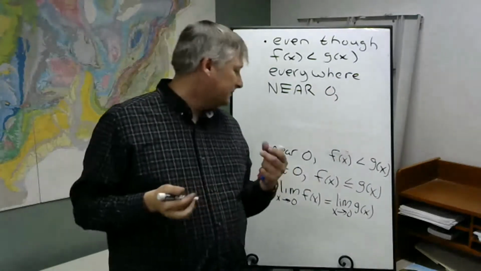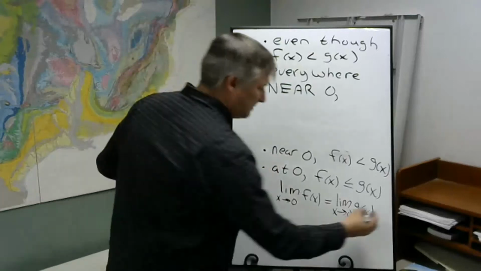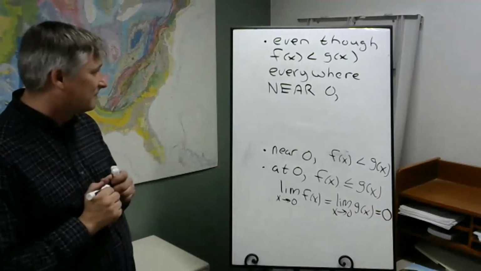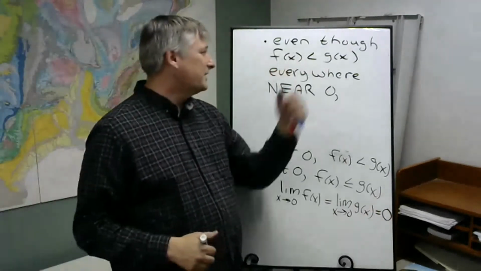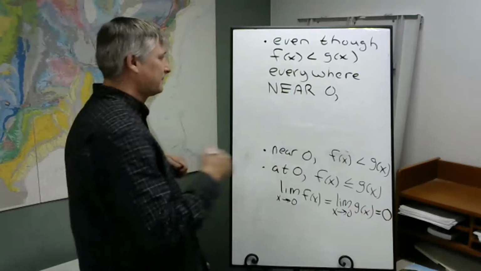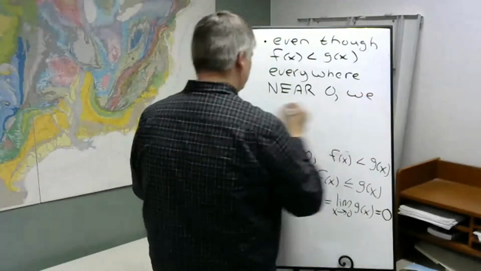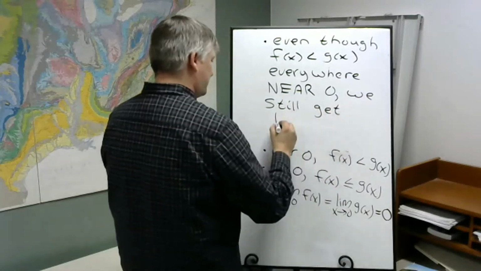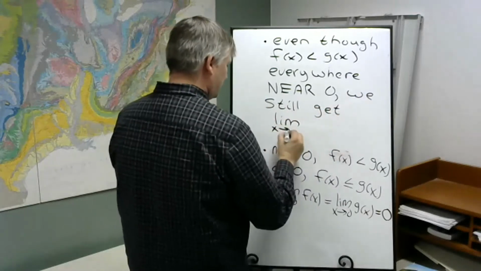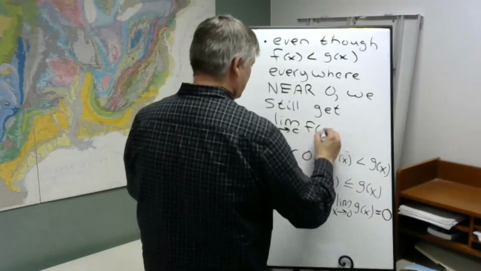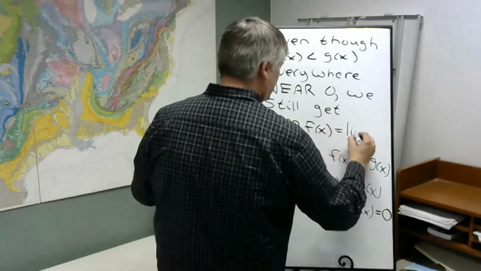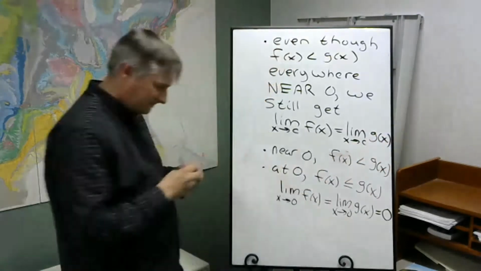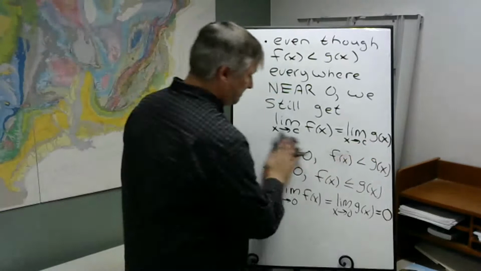The limit is equal to 0. So even though f of x is less than g of x everywhere near 0, we still get that the limits turned out to be equal, for this particular example.